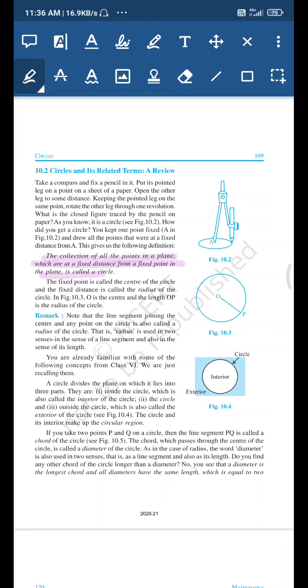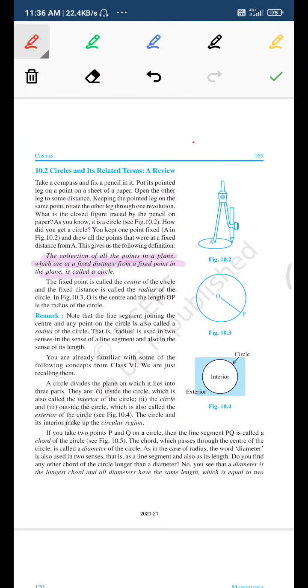We have taken the example of a giant wheel just now. That giant wheel is nothing but a circle, where you imagine the seats as the different points. So those different seats are connected to form a circular giant wheel.